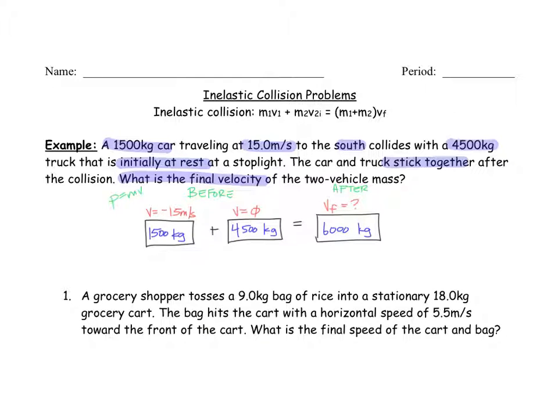Okay, so momentum is mass times velocity. So 1,500 times a negative 15 gives me a momentum of a negative 22,500. And then my truck, 4,500 times 0, anything times 0 gives me 0.